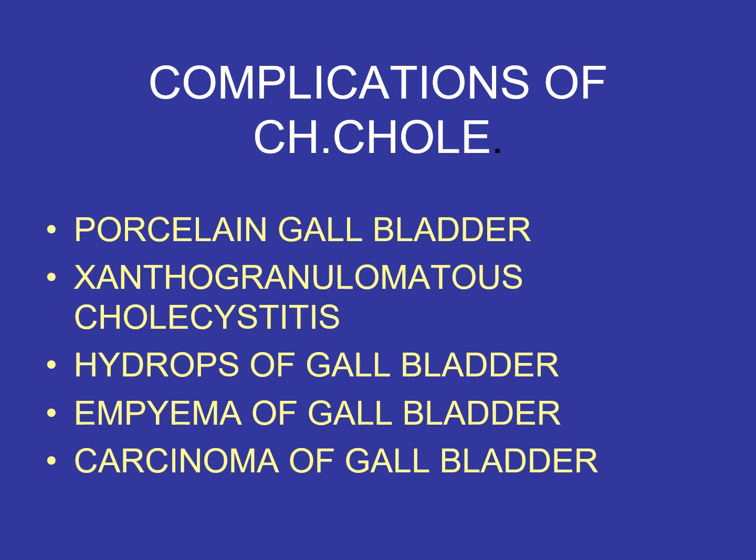Hydrops of the gallbladder. This is a condition which arises when there is obstruction at the neck of the gallbladder, the bile gets thinned out and accumulates, and the gallbladder progressively swells up. If there is no infection, it would be an enlarged gallbladder, like a balloon filled with thinned out bile.